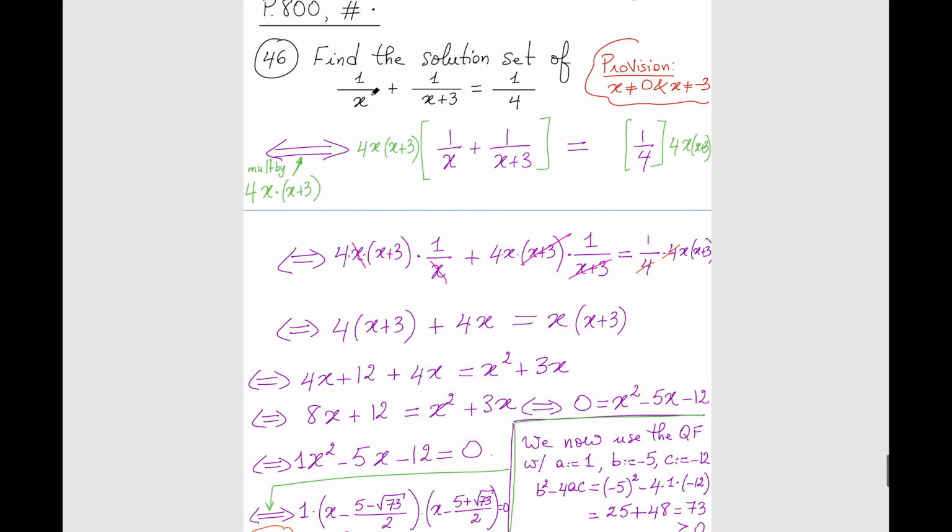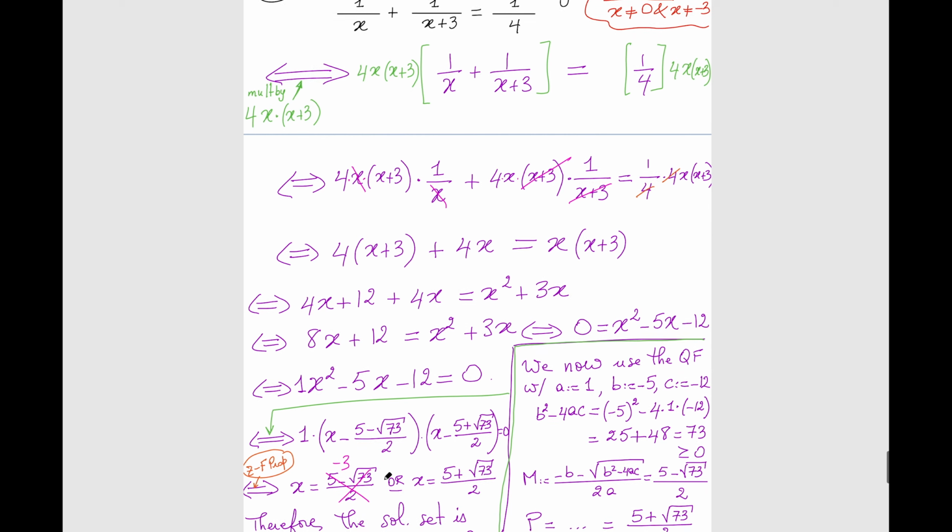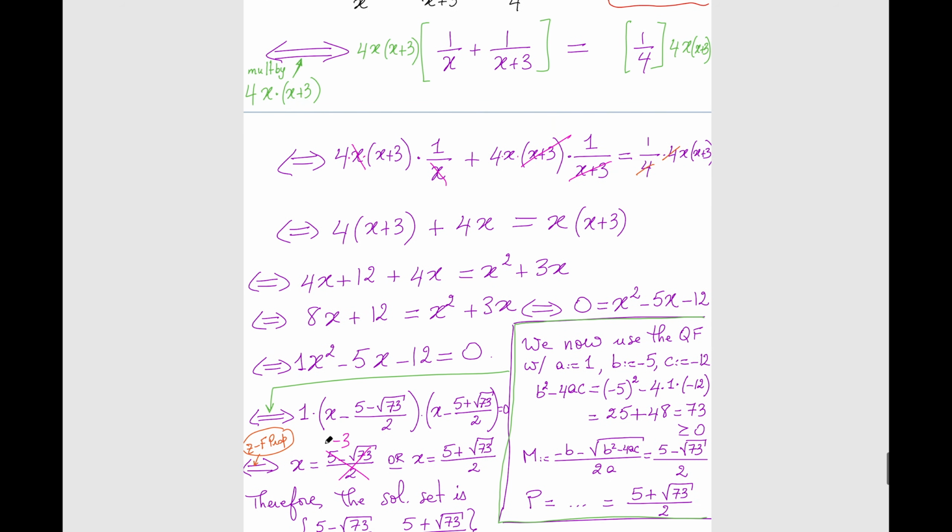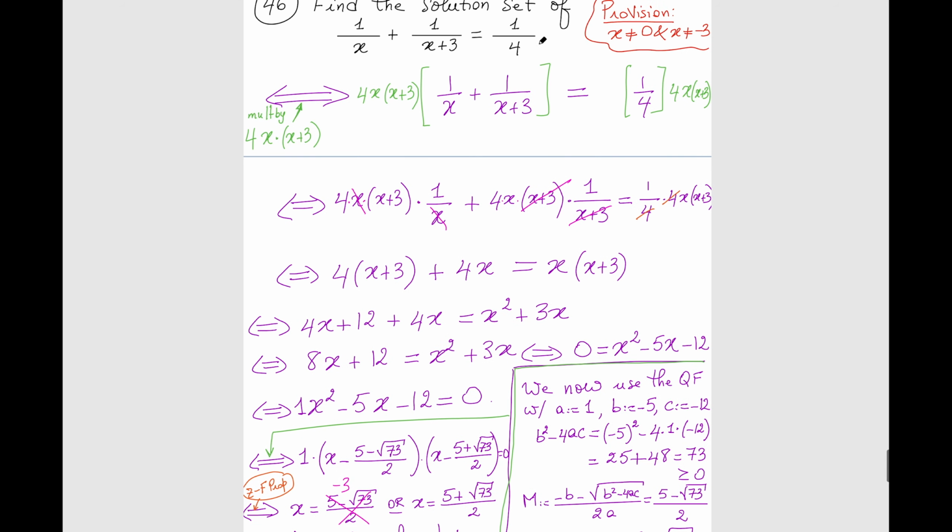But what I'm saying is this equation and that quadratic equation are the same as long as x is not 0 and x is not negative 3. So they are the same as long as this provision is verified, which means x equals negative 3, which is a solution to this, cannot be a solution of that, because for such an x, these two are not the same.